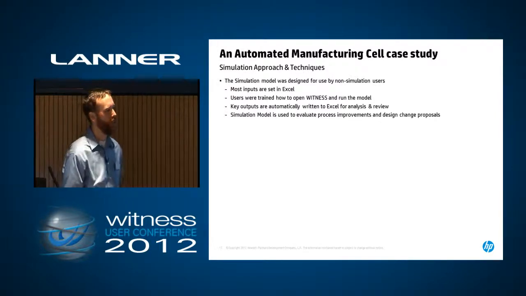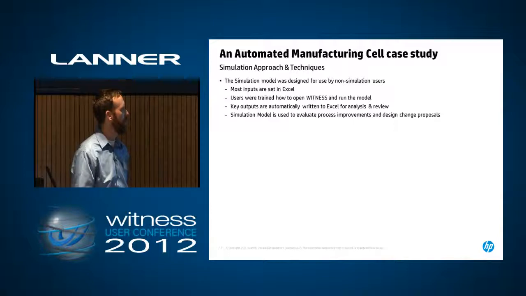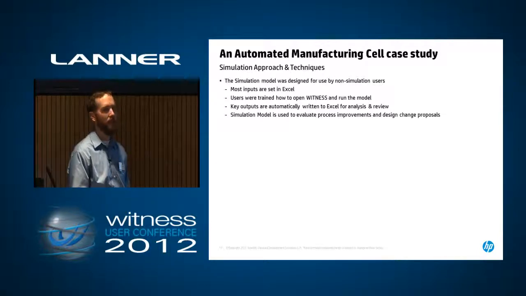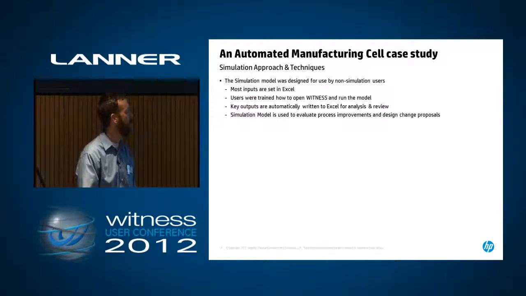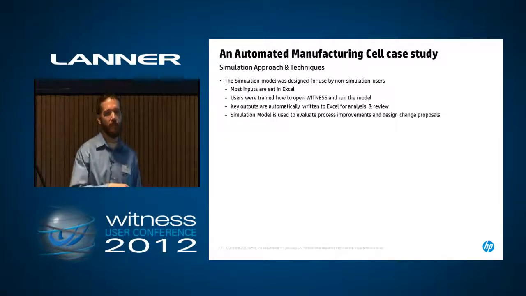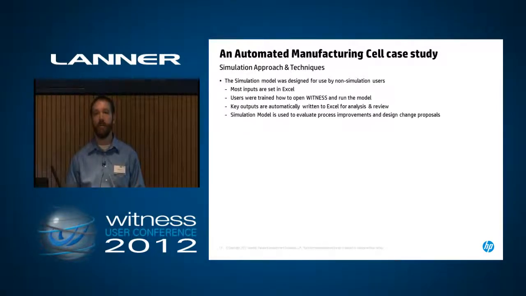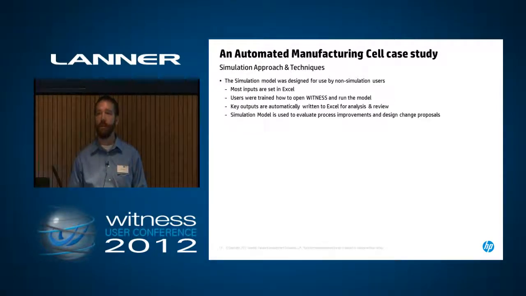On the range parameter in Witness, saying that it should go to cell B3 doesn't really tell you anything of what's in B3. So if you can name it something, it might give you a clue. And additionally, it allows you to modify Excel, so insert, delete columns, rows, that sort of thing, which is pretty handy when you're working with users that might want to see their inputs arranged in a little different fashion. So it allows you flexibility there.